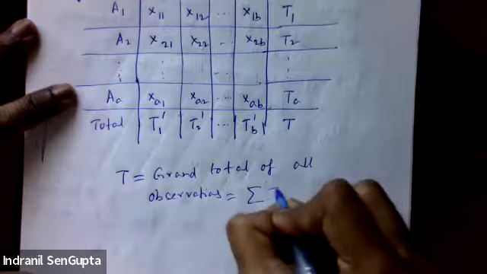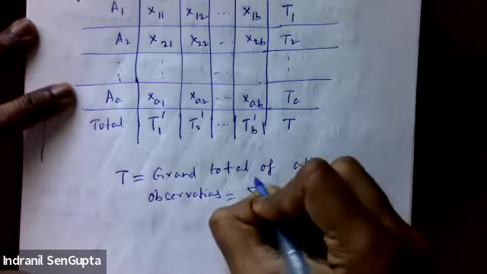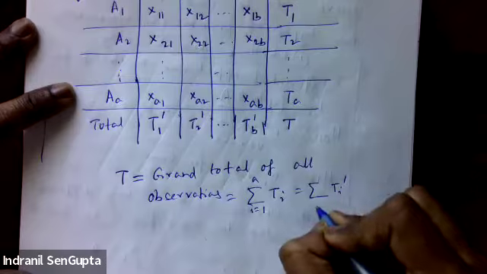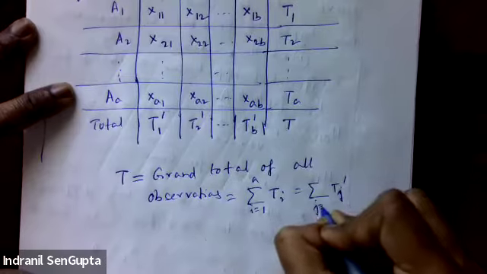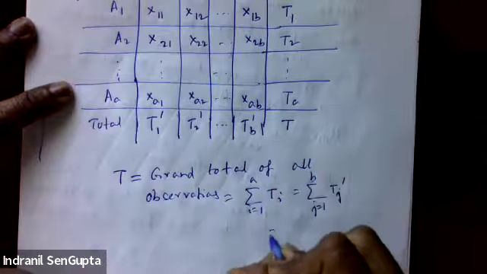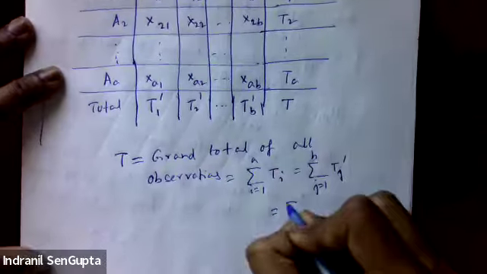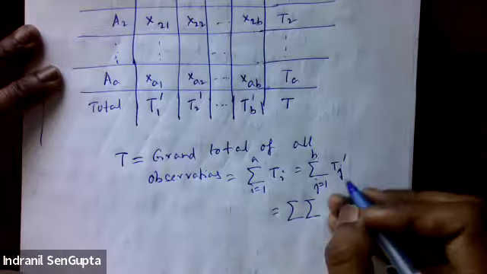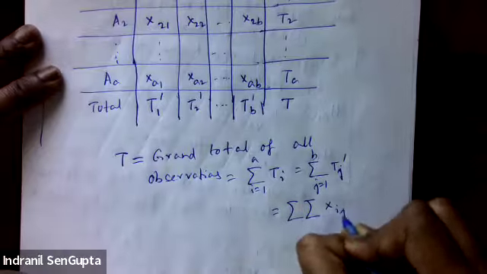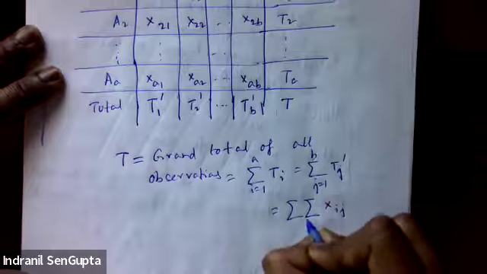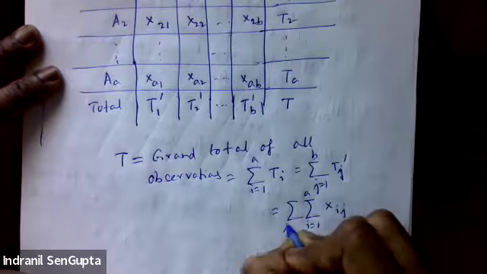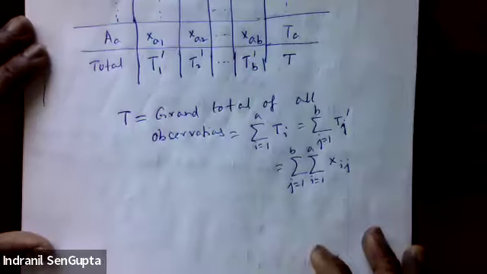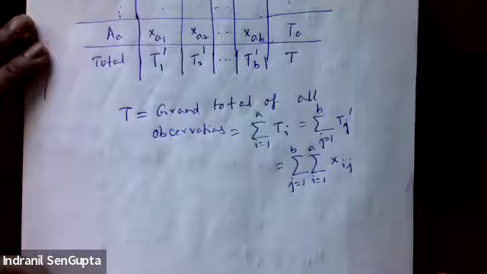I can write this as the sum of Ti, i from 1 to a, that is the same as the sum of Tj prime, j from 1 to b, or I can write this as the double summation of xij, i from 1 to a, j from 1 to b. Okay, so that's T.